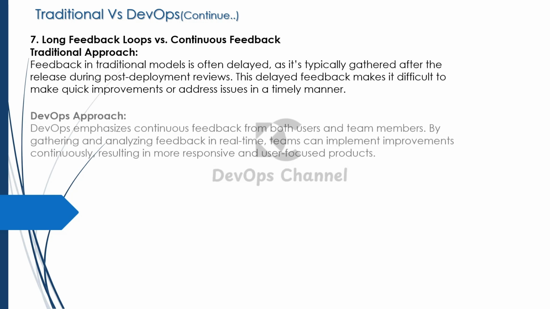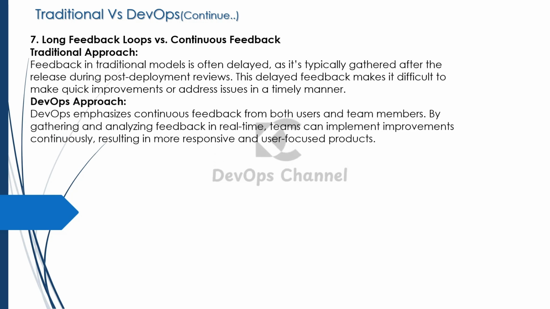While in DevOps, we have smaller feedback for a small piece of code. If something needs to be modified after the feedback, we push it back to the development team, saying this piece of code needs a change, unlike the traditional approach where the whole code needs to change, right?